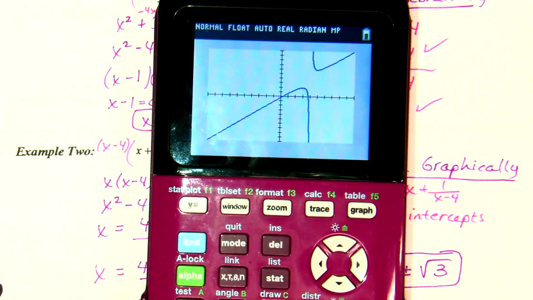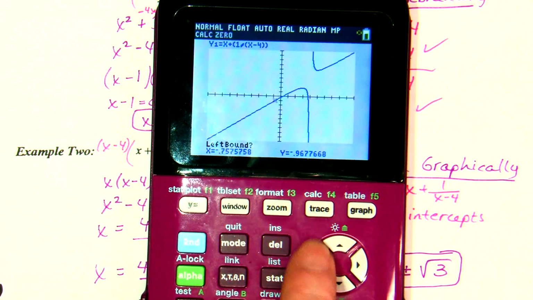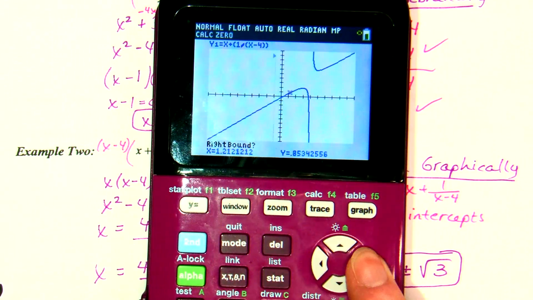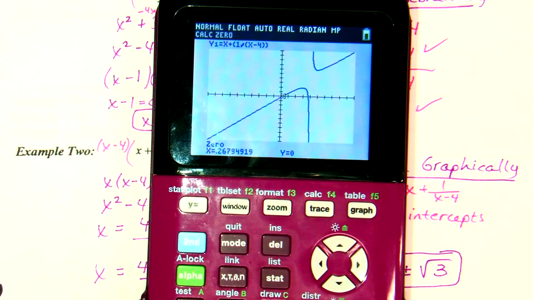So options here, you could check your zeros, like second calc, zero. Notice I have a zero of 0.2679491. I don't know, is that right? Is it not right? Okay, it's 2 minus.